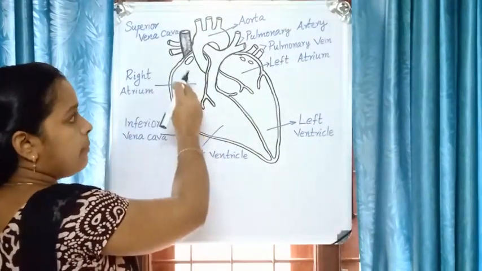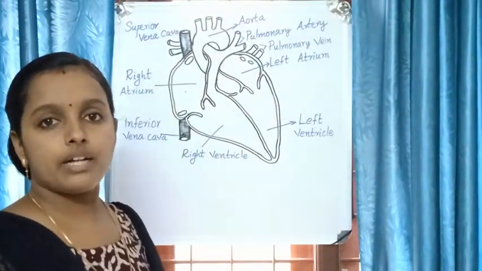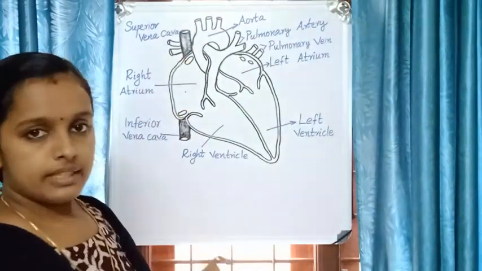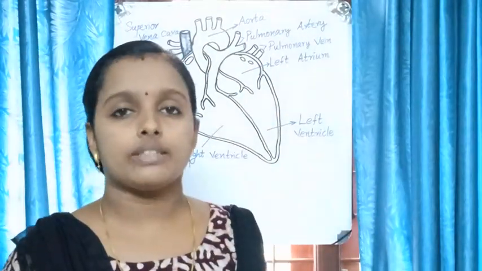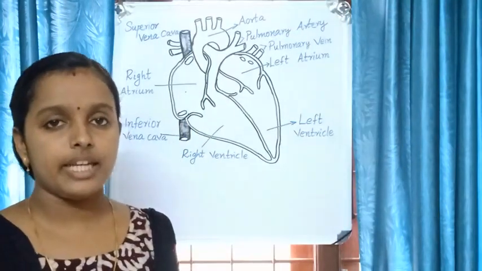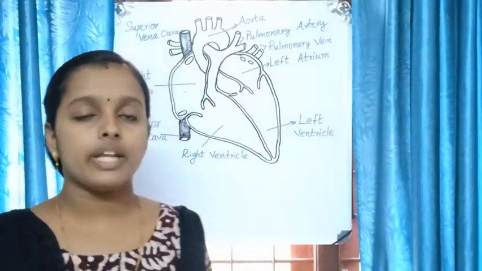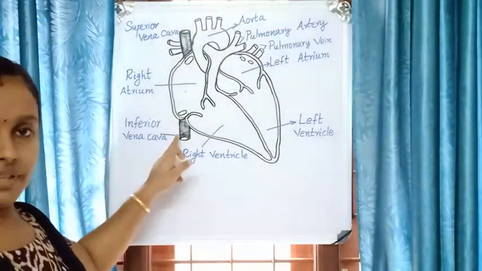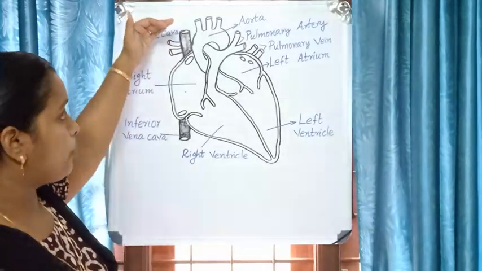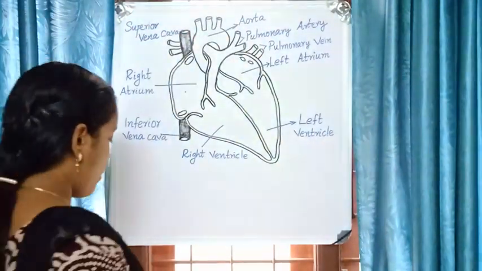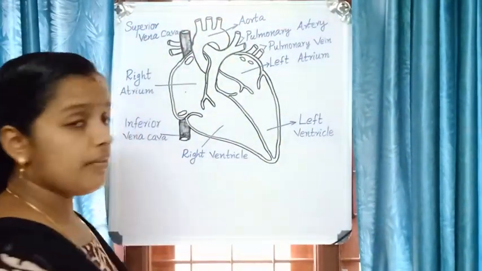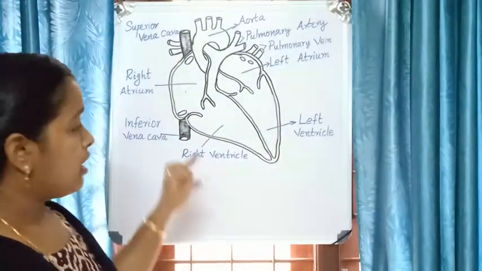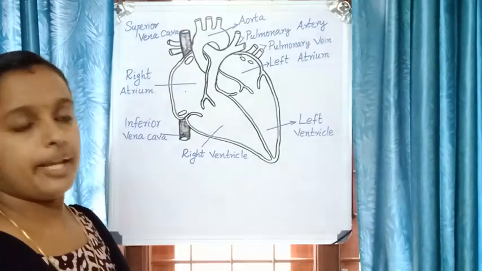So here there will be the blood from different parts of our body. This blood consists of carbon dioxide because after respiration, blood is transporting carbon dioxide containing blood. The inferior vena cava from the lower portion and the superior vena cava from the upper portion will both supply the blood into the right atrium.